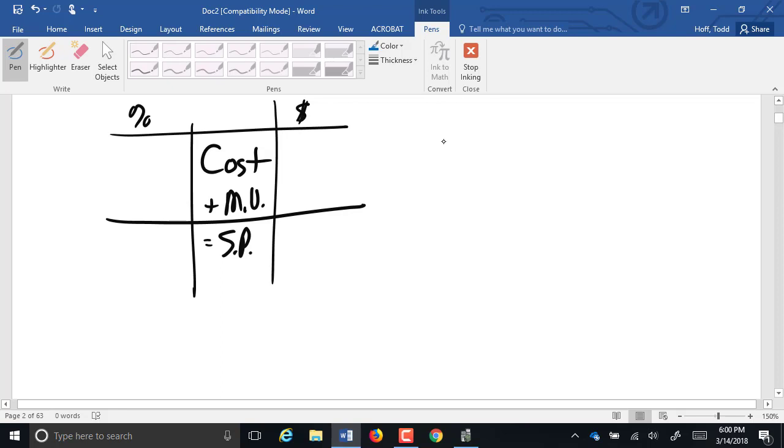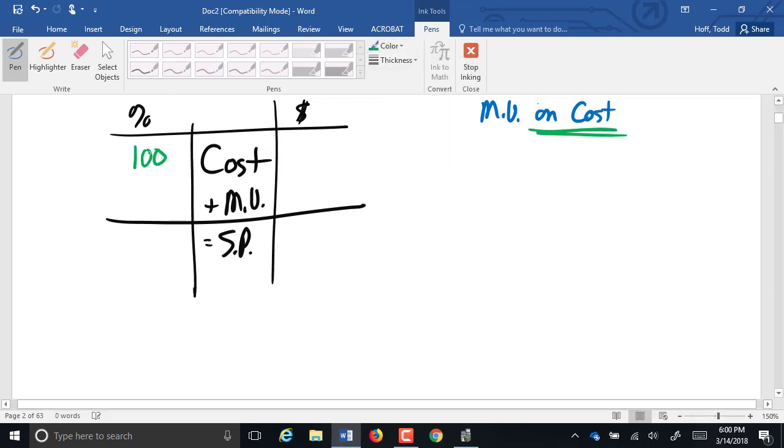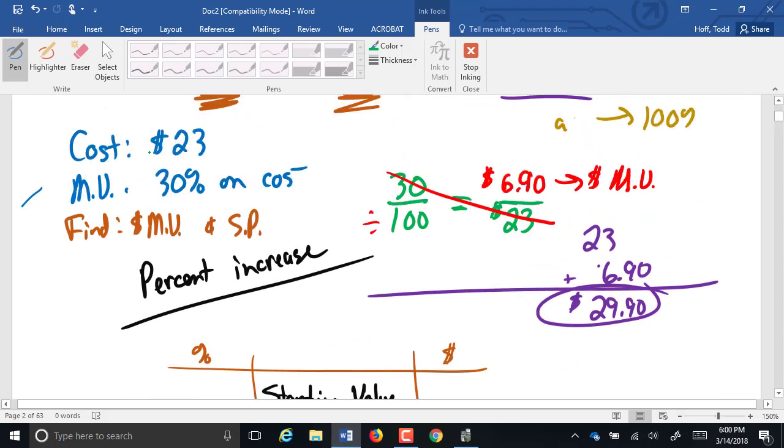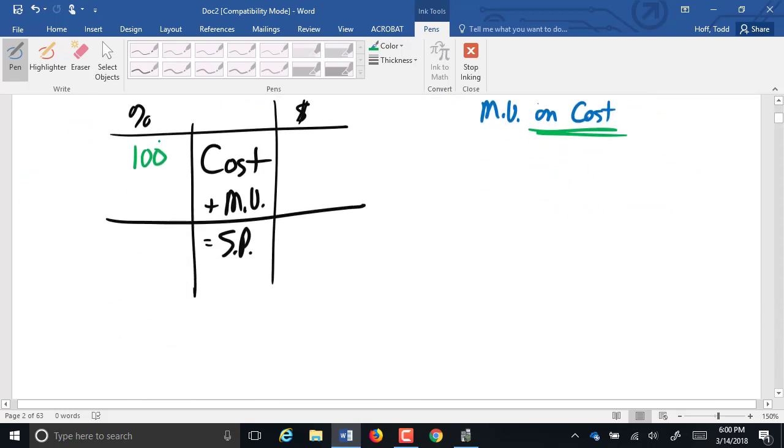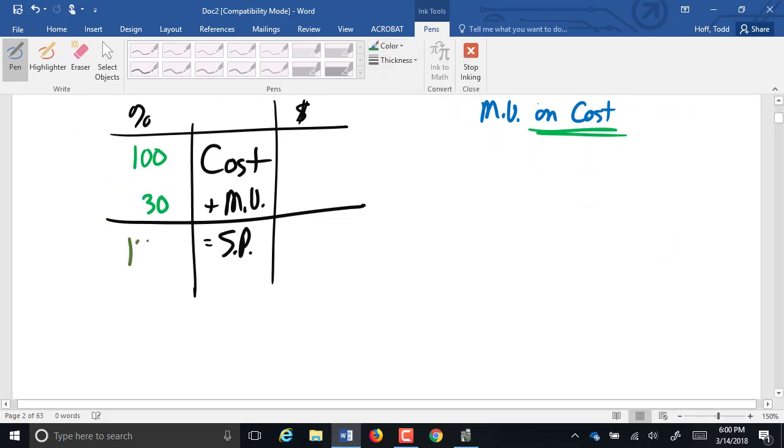Since this is markup based on cost, that markup on cost means the 100% goes with the cost. This was a 30% markup, correct? Yes, it was. So the markup amount was 30%, which means the selling price is 100 plus 30, or 130%.